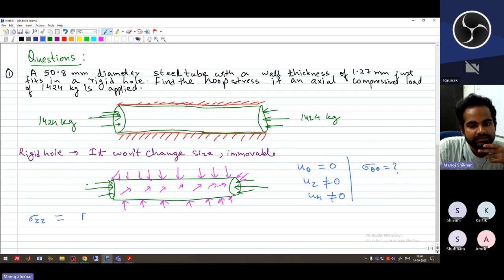Sigma zz is total force divided by total area. Here it is a tube, because they have given some thickness also.